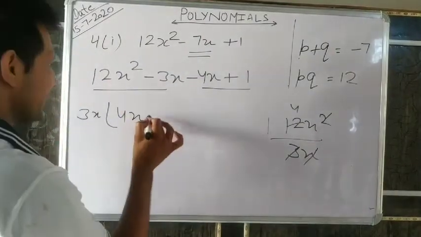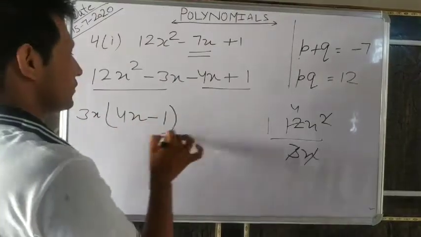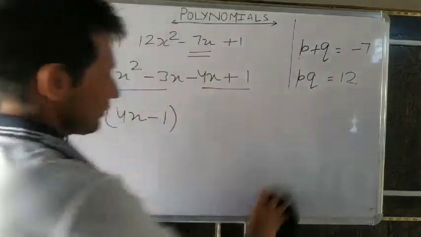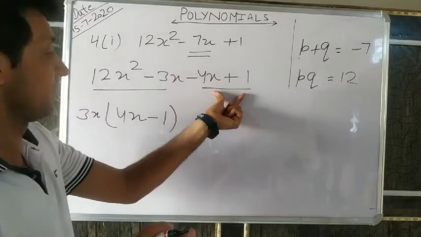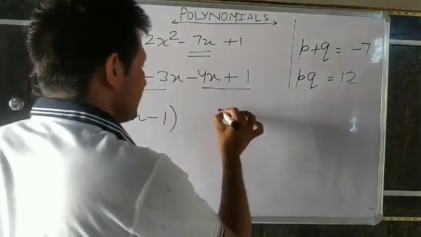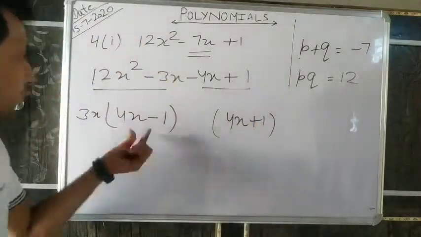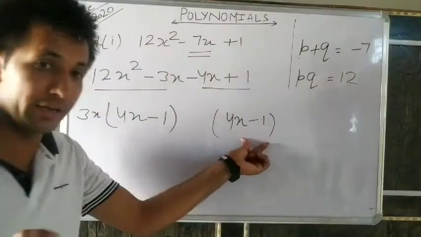Now, negative. 3x is already common, so negative 1 is common. Remain. Understand? And always remember, whenever we take any common from here and here, always remain the same term. 4x minus 1, sorry, not 4x plus 1.